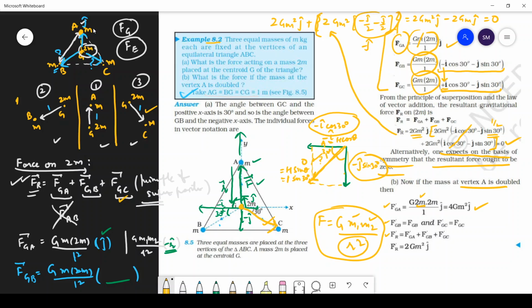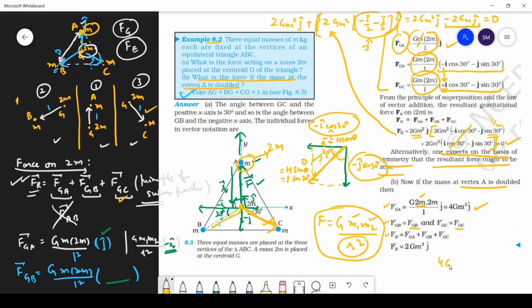So the mass at A, instead of m I have changed it. So that's my B part. What if the mass at the vertex is changed from m to 2m? So the forces between here and here will remain the same as earlier. So if these forces are the same, this will remain the same, only this thing will change.